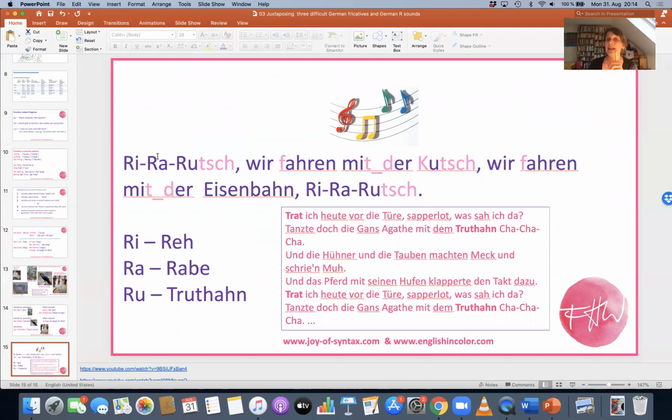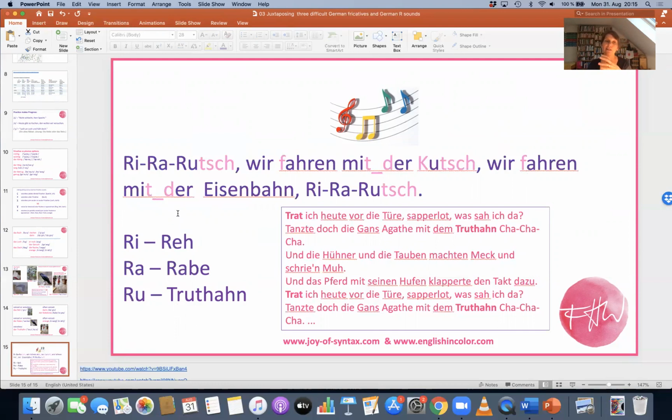Mit der. And we can actually swallow the T. That means we release it into the D, and then the D gets devoiced. Mit der becomes mit der Kutsch. Wir fahren mit der Eisenbahn Ri, Ra, Rutsch. Ri like Re, Ra like Rabe, and Ru like Truthahn.